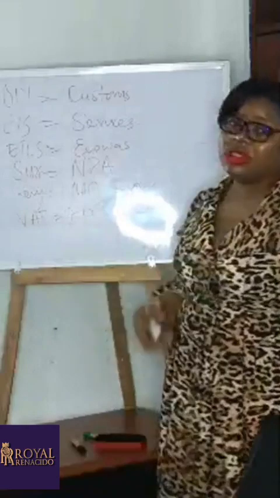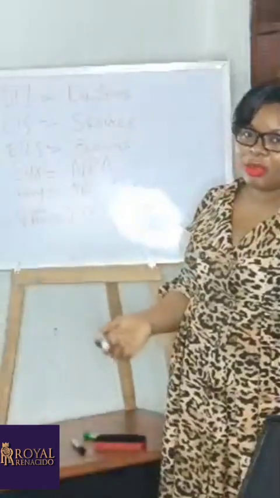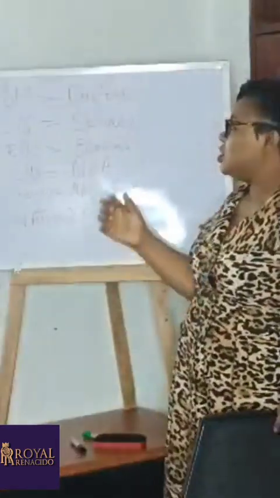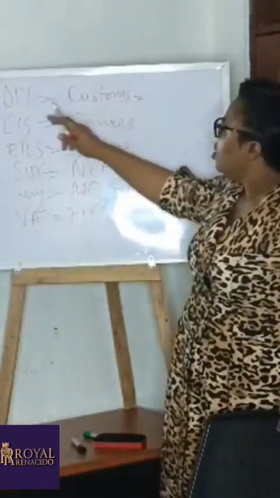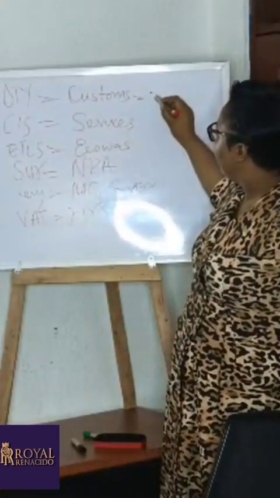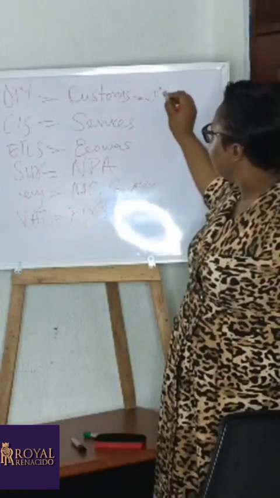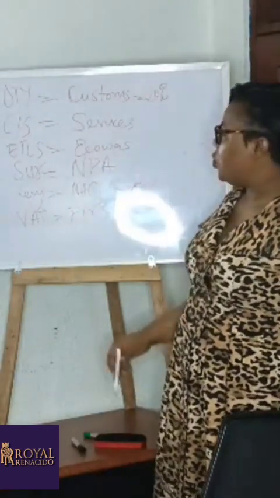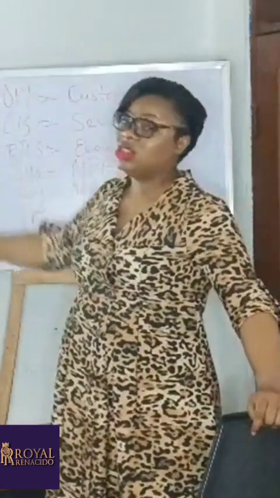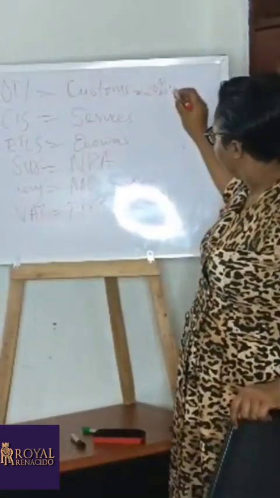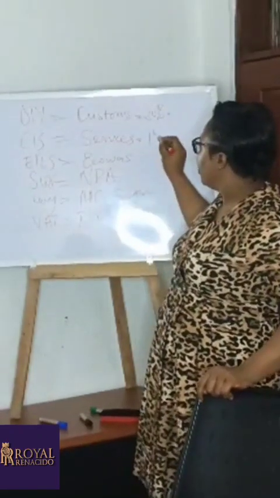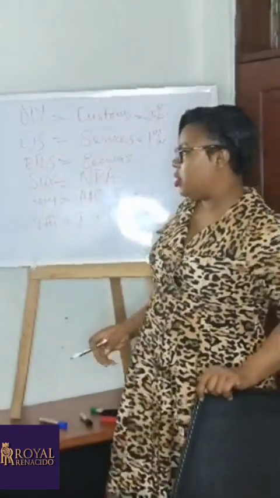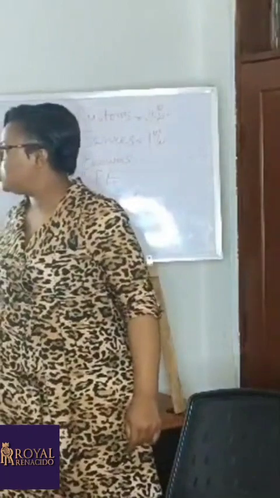Now, these bodies take a percentage of whatever you're importing. For instance, if you're importing a 20% item, customs takes 20% of your cost insurance and freight. The CIS takes 1% of the FOB, the freight on board.